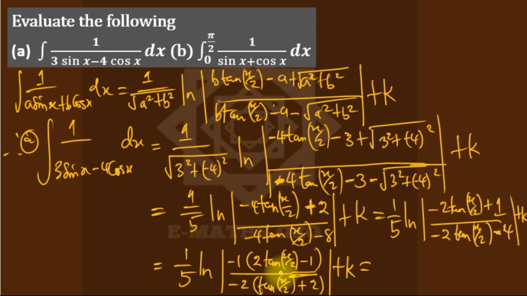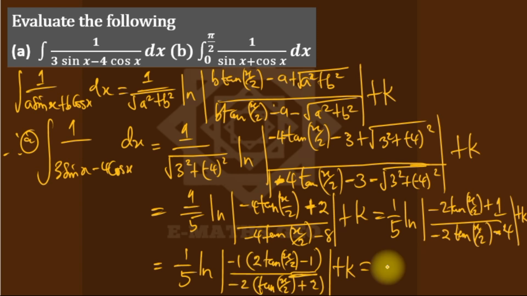So what do you see? Minus 1 over minus 2 is half, and ln half is a constant because we have a product now. We have half times this, and ln of a constant is a constant, and that constant will add up to this.